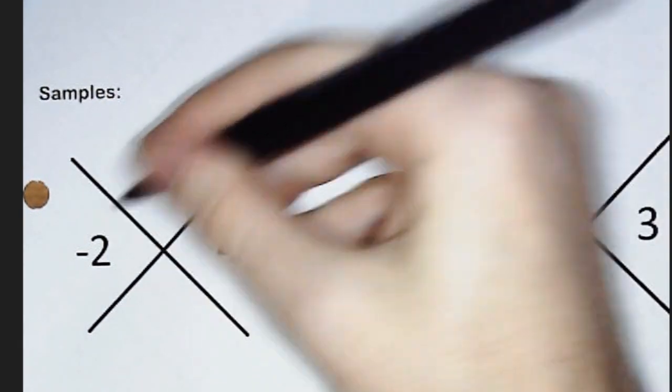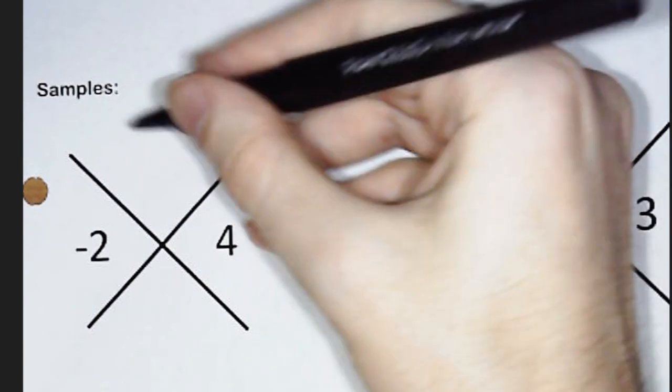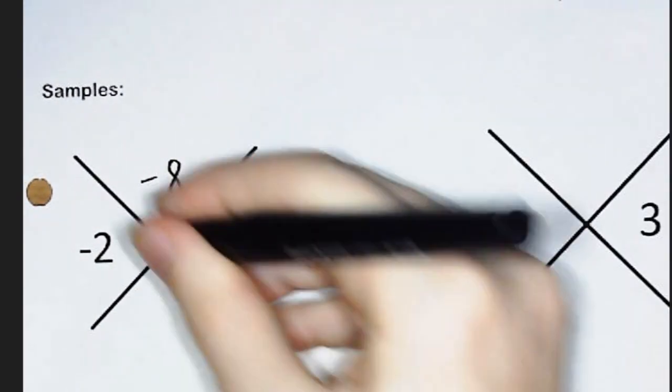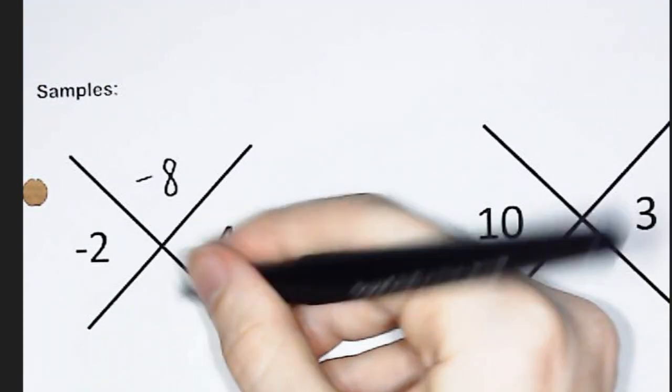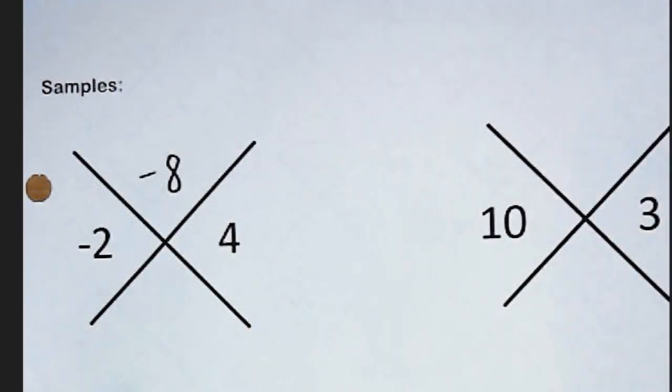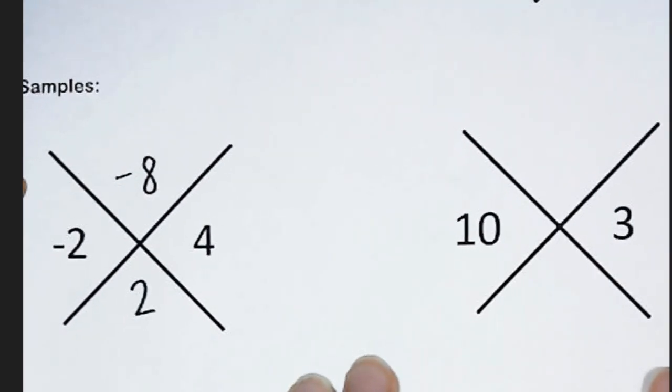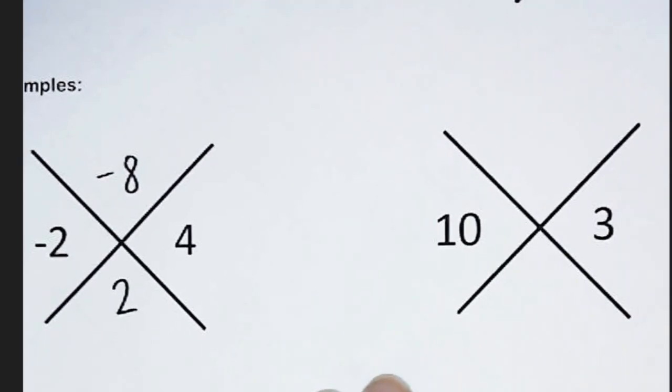Okay, so we have -2 times 4 is going to give me my top number because, again, the product of the 2 sides is on top. -2 times 4 is -8. And -2 plus 4 is going to give me my bottom number because it's the sum of the 2 sides. -2 plus 4 is +2. Alright, take a moment to try to do this one.